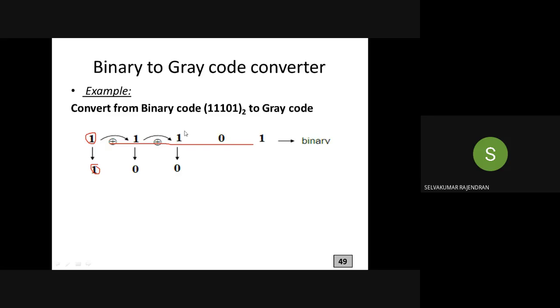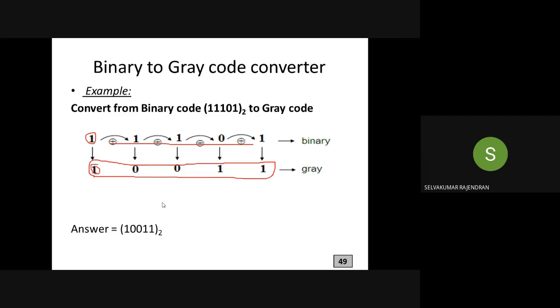Then 1 XOR 0: the bits are different, so the result is 1, because we are performing the XOR operation. Then 0 XOR 1 gives 1. So this is the gray code. The answer is 10011.